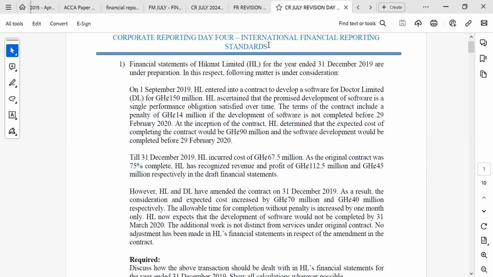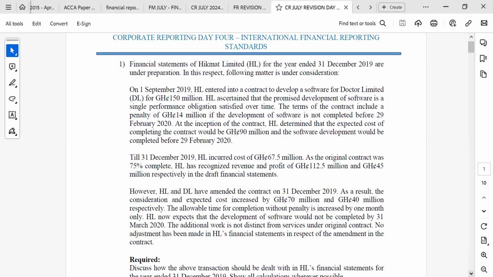HL now expects that the development of software would not be completed by 31st March 2020. The additional work is not distinct from services and the original contract. No adjustments have been made in HL's financial statements in respect of the amendments in the contract.